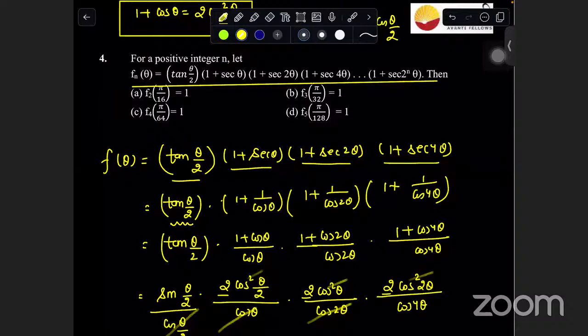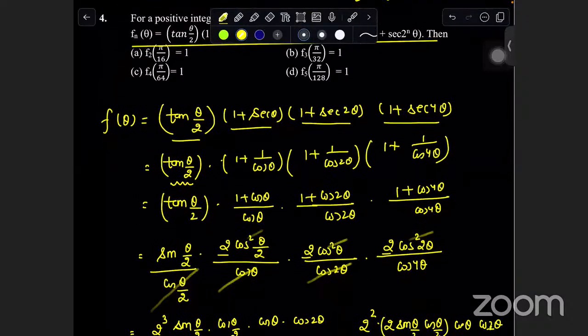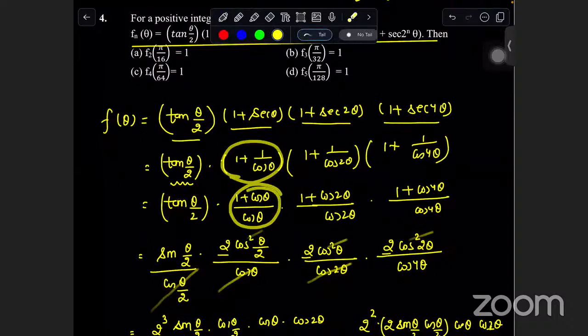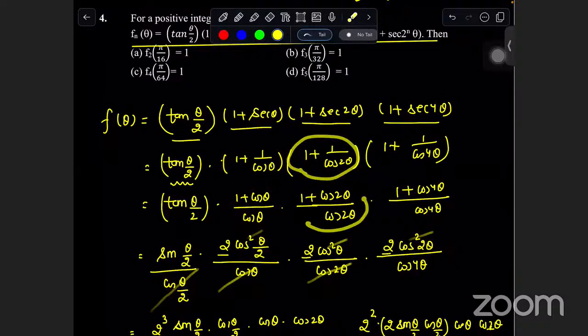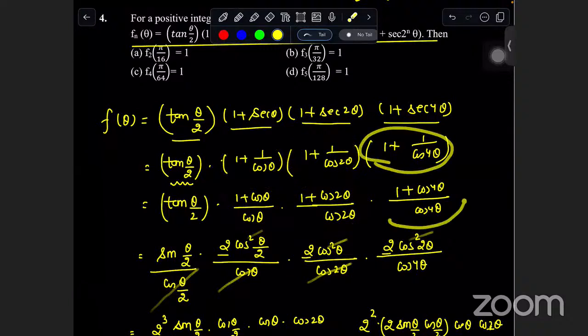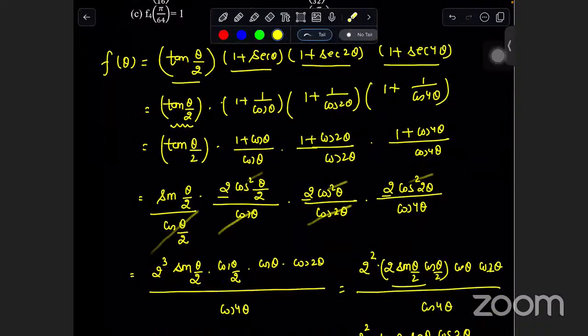All right. Now, tan(theta/2), 1 plus 1 by cos theta, 1 plus 1 by cos 2 theta, 1 plus 1 by cos 4 theta. Now, in the individual steps, take LCM. This will be (1 plus cos theta) upon cos theta, (1 plus cos 2 theta) upon cos 2 theta, and (1 plus cos 4 theta) upon cos 4 theta. All right.